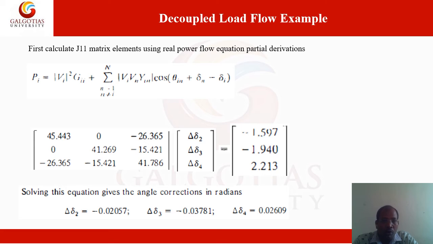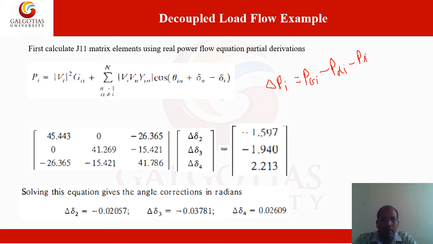For any bus, suppose we consider the ith bus, del Pi is equal to PGi, the generated power at bus i, minus PDi, the active power demand at bus i, minus Pi calculated, which we have to calculate.